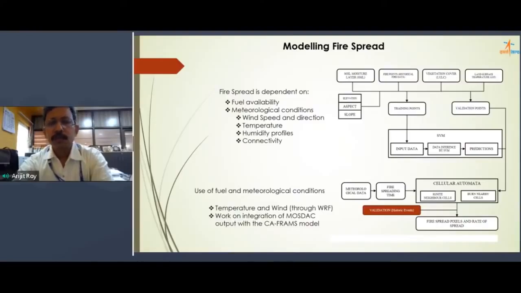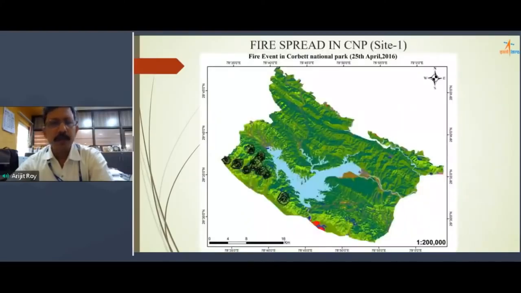And using a cellular automata-based model, which we have developed in-house, the forest fire spread is modeled. I'll just show you a small area where we have worked on it in Corbett National Park and then validated it on the ground.